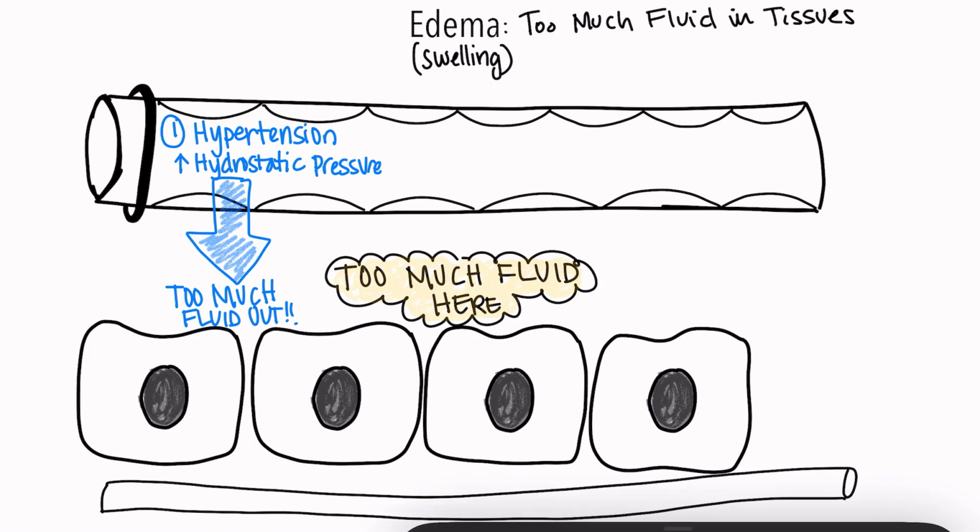A second reason also is going to make perfect sense to you. You've probably swelled up because of inflammation at one time or another in your life. So that's the second reason, is when you have inflammation, and inflammatory chemicals cause the blood vessel to be too leaky.